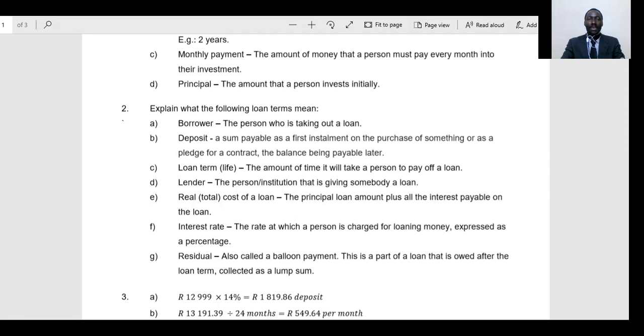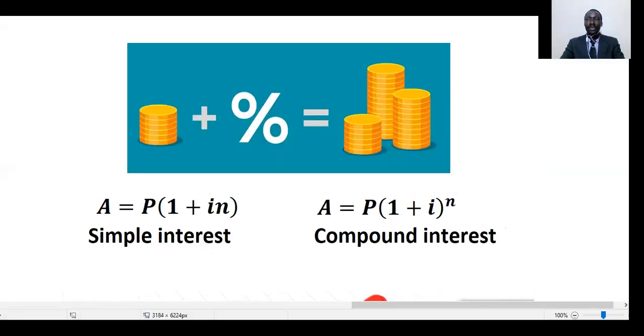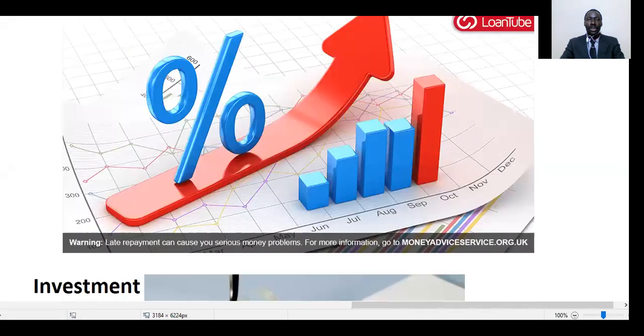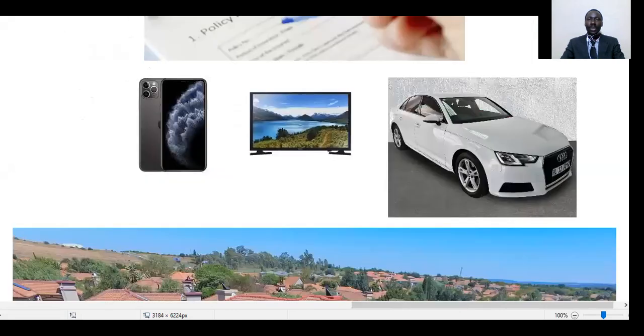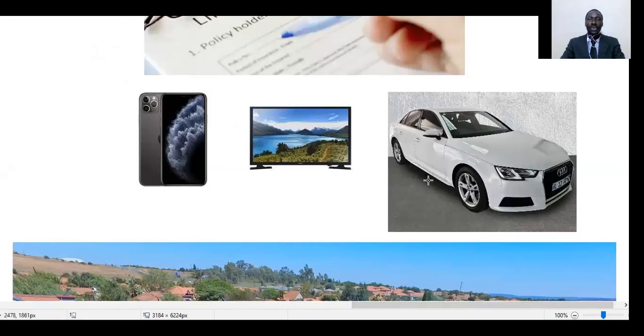Deposit is that sum payable at first installment on purchasing something as a bond or as a pledge or for a contract, with the balance being payable later. Now, when we talk of deposit, think of it this way. You went to buy some phone, or a TV, or a car. Because you don't have cash for it, you make an arrangement.